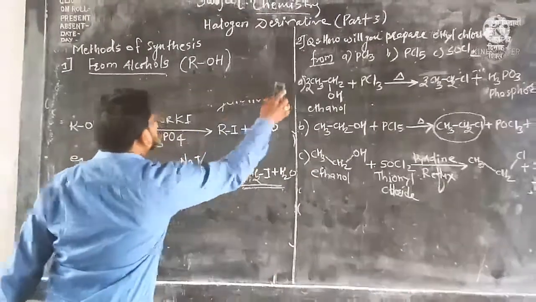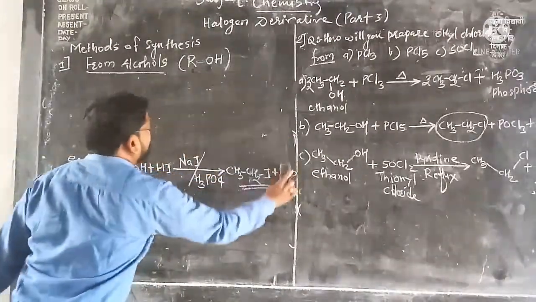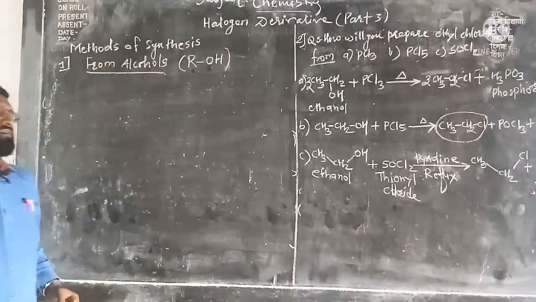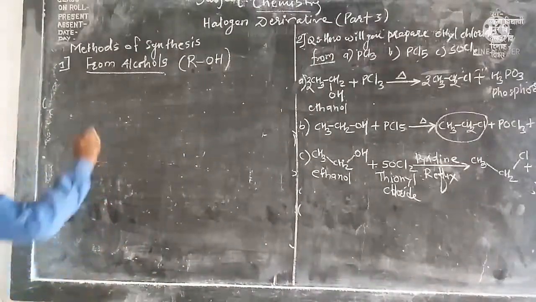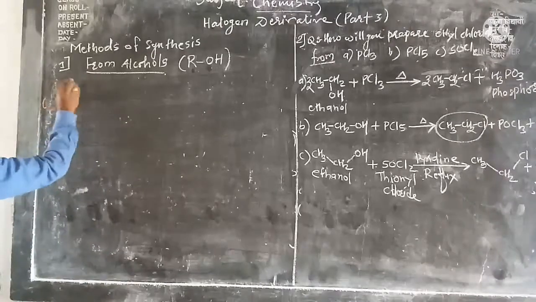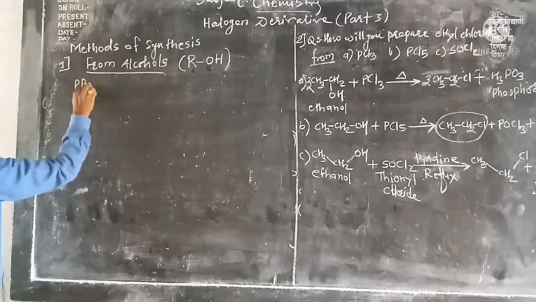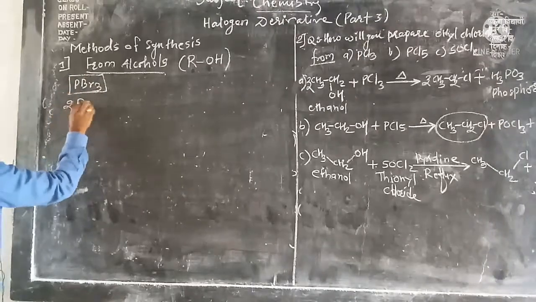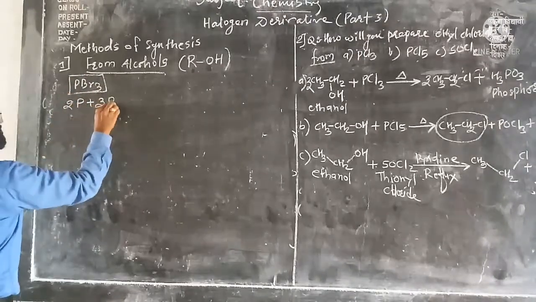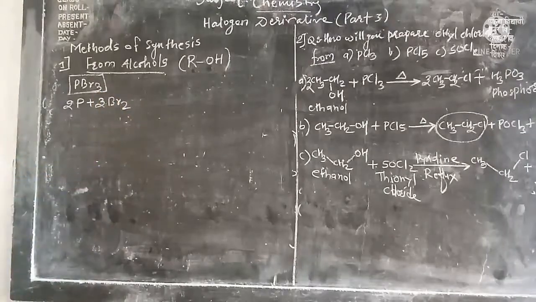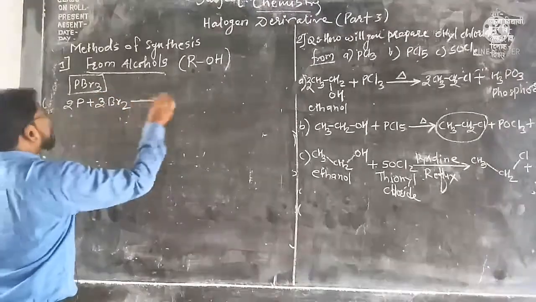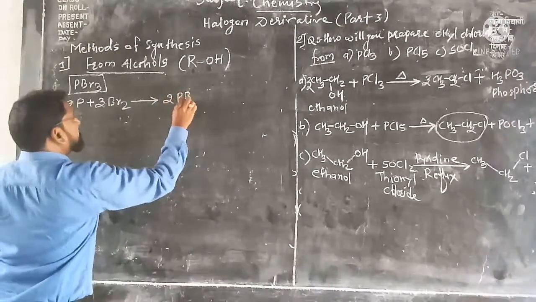Next, similar to that we can prepare alkyl bromide also. How? See here, if we use PBr3. Now how to prepare it, everybody see here: twice P plus thrice Br2, there is a formation of this unstable twice PBr3.